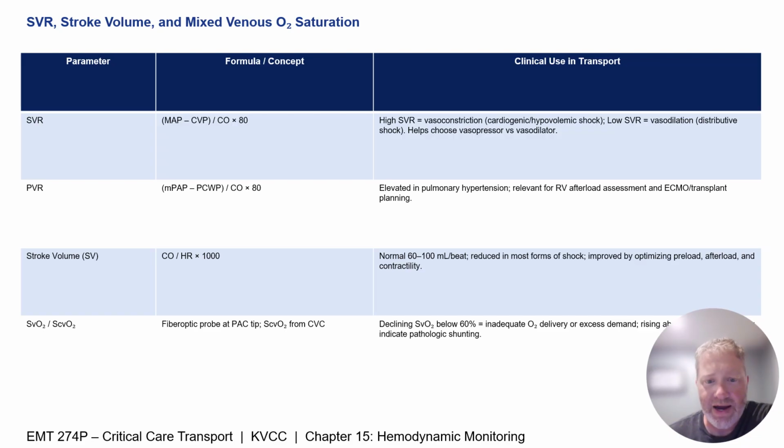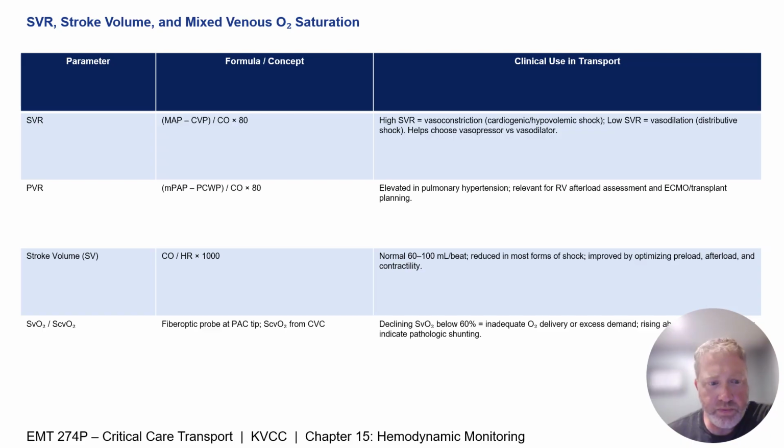Somebody with a high systemic vascular resistance, think vasoconstriction, often as a result of cardiogenic or hypovolemic shock. Low SVR, think vasodilation. In that case, distributive shock. That will help you choose between a vasopressor or a vasodilator if you have to give something to help treat it en route.